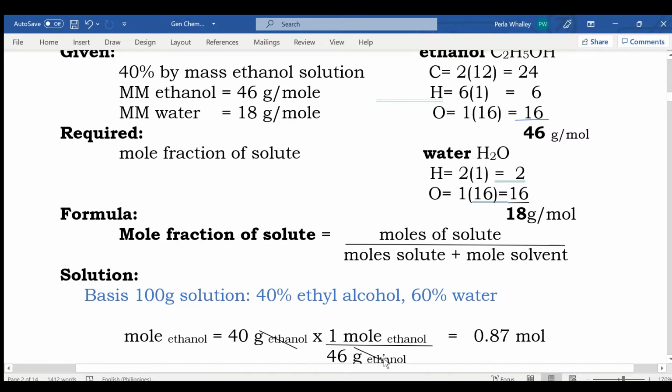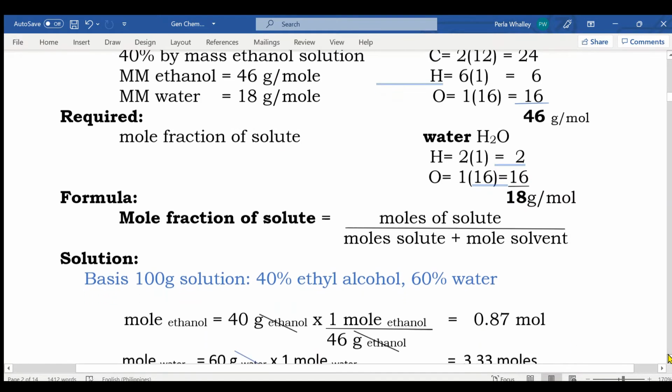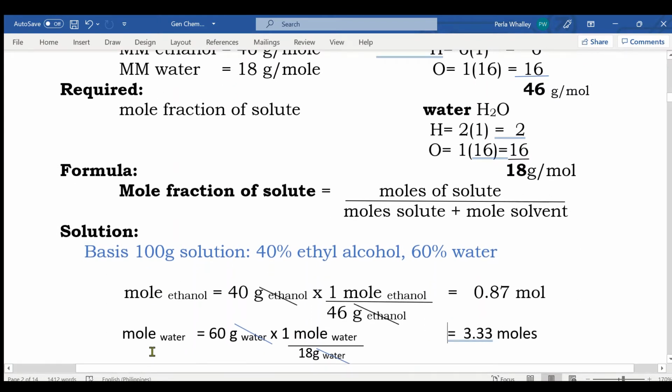We need to cancel gram ethanol, so that the unit left would be mole, which is what we need. Okay, so grams ethanol cancelled. 40 times 1 is 40, divided by 46 is 0.87 mole of ethanol.